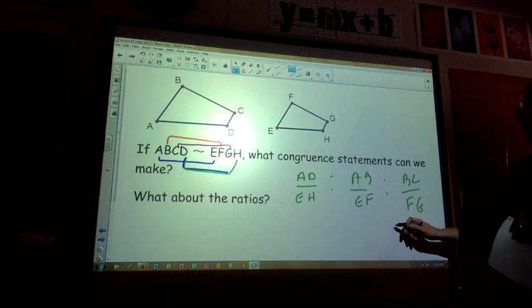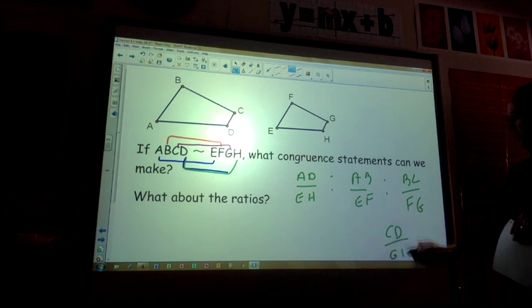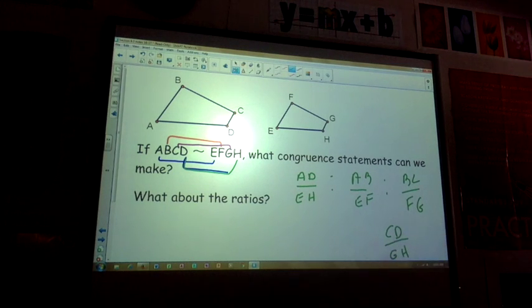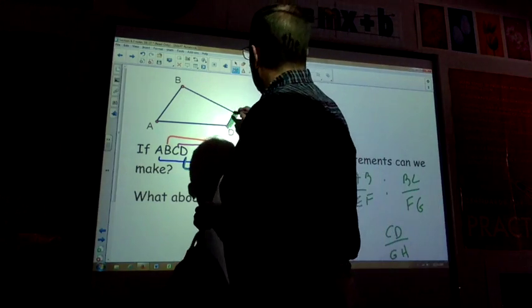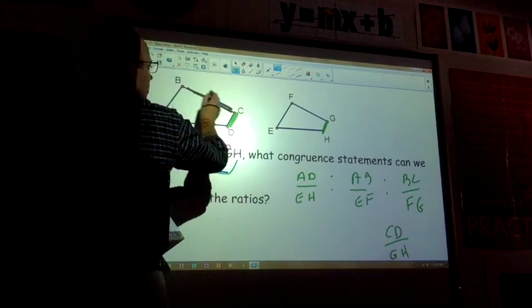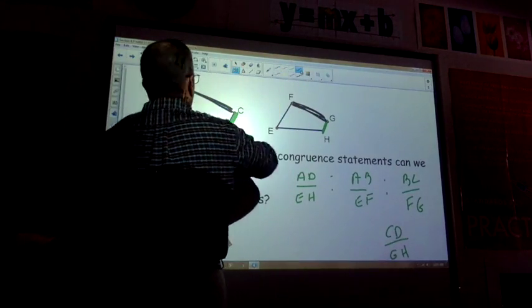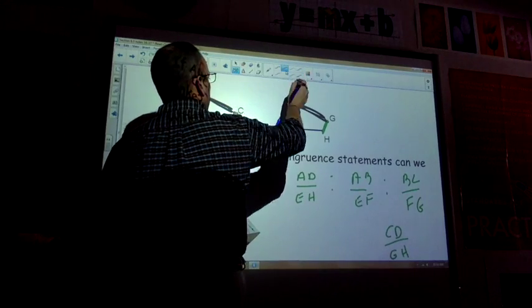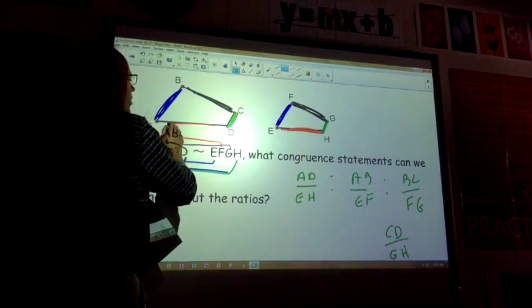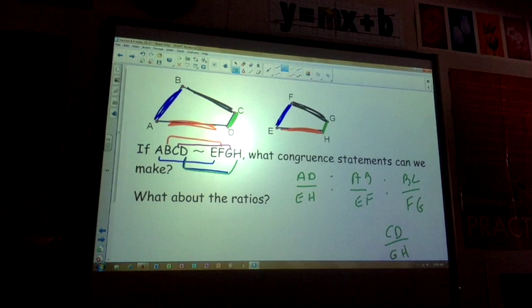And then what's the last one? CD and GH. Those are your similarity statements. Again, it's just relating the sides to the sides. Does it mean the sides are the same? No, it means that there's a ratio that you can determine with the sides. Okay?